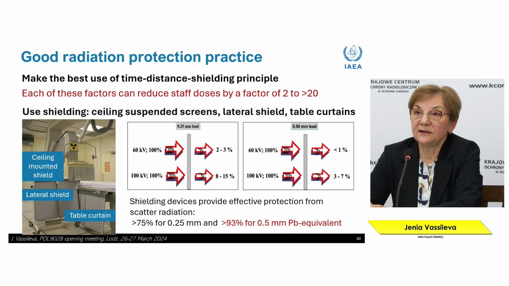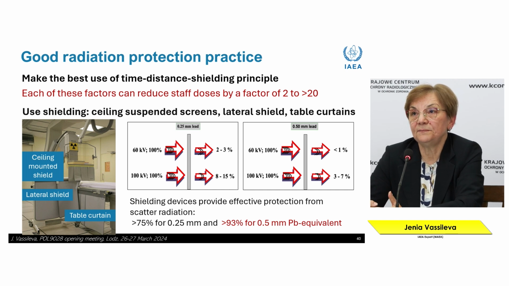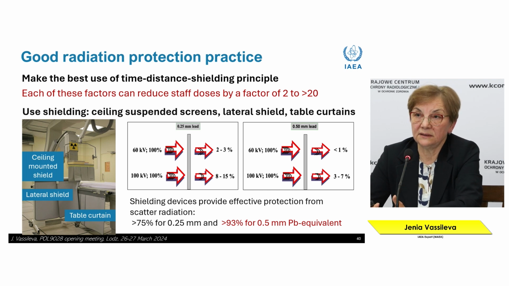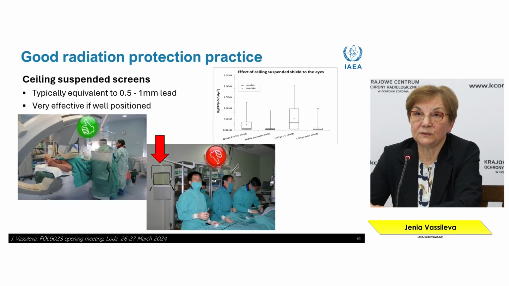And it is extremely important, because shielding reduces almost 100% of the radiation. Of course, it depends on whether it's fluoroscopy or acquisition, and on the thickness of the shielding, the lead equivalent. But if it's 0.5 millimeters, for example, more than 90% of the scatter radiation is absorbed by this shield.